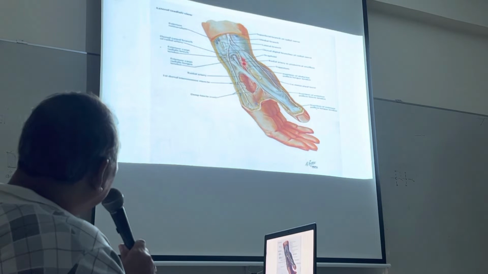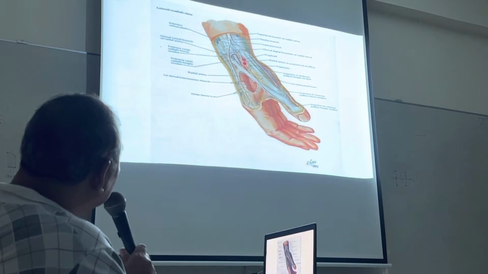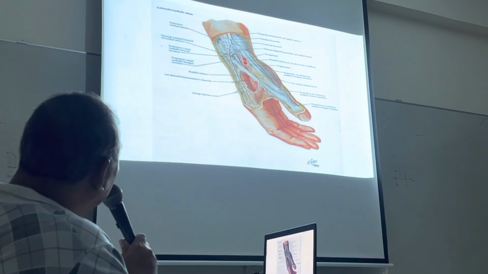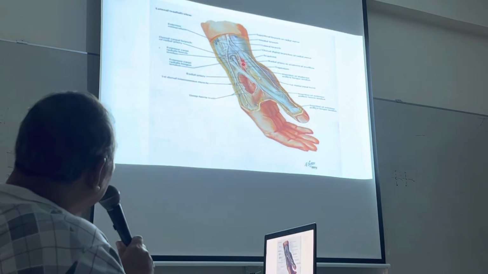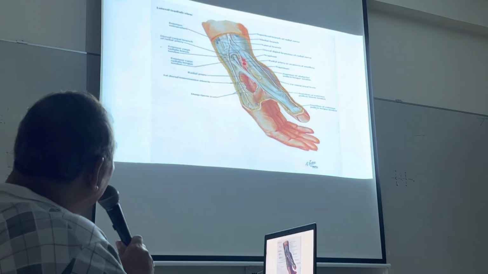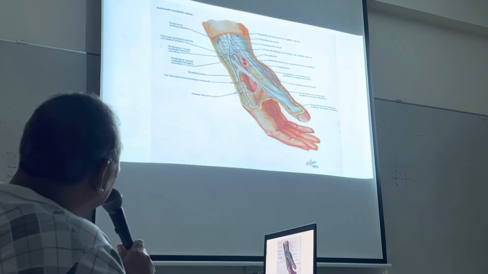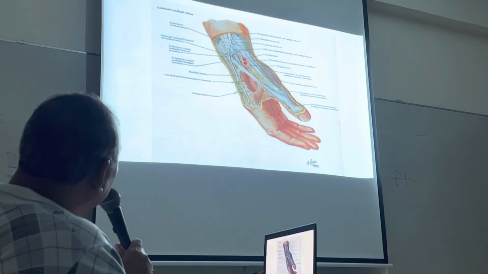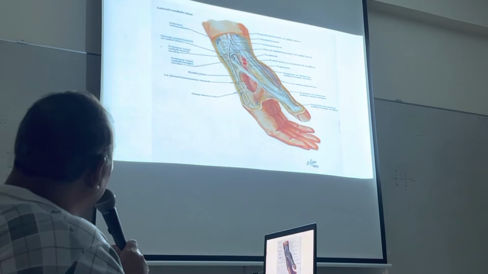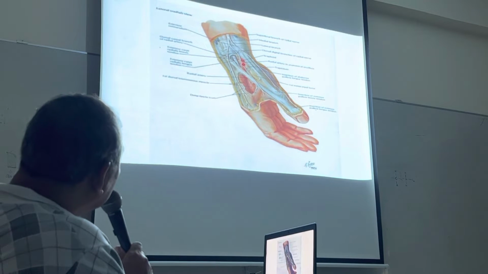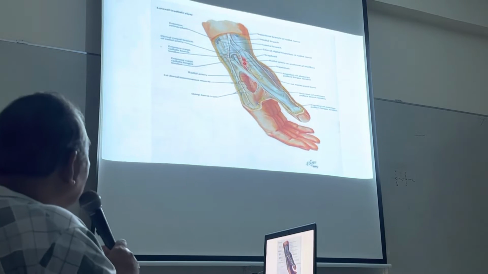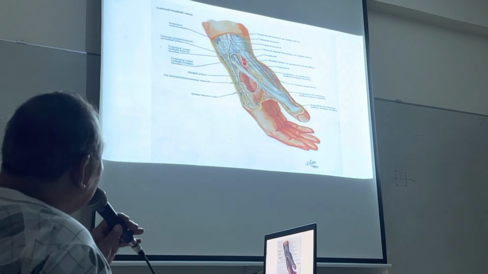Dalawa yan. Ano yan? Abductor pollicis longus, and extensor pollicis brevis. Right? Kikita ba? So that would be on the lateral boundary.